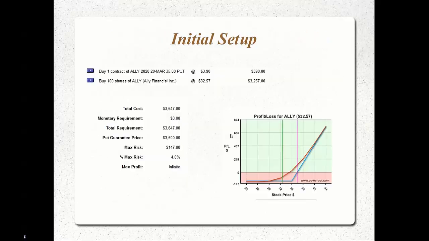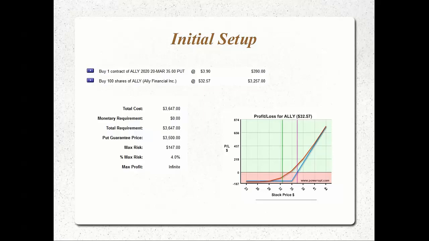Okay, so from this afternoon, Ally Investment, one of the ones that came up on the married put search. I buy 100 shares of Ally, let's say, at $32.57. At the same time, following what I'd like to see in a radioactive trade, I'm going to buy the March 35 strike put for $3.90.